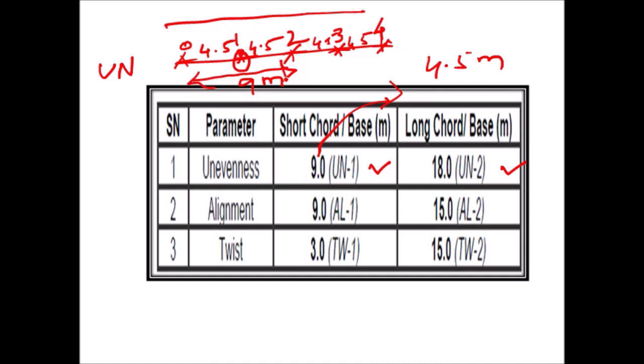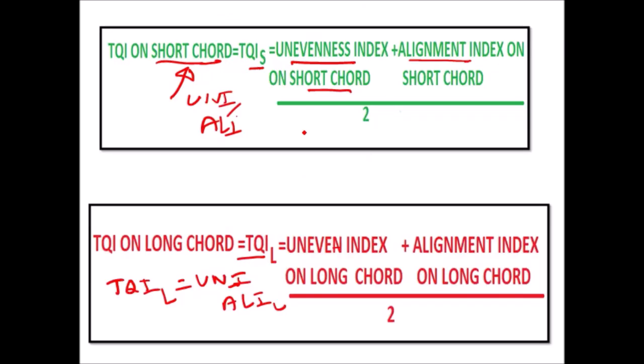To measure unevenness at 1, we have to fix a chord like this, from 0 to 2, and at the center we measure the unevenness. Similarly, to measure the unevenness at 2, we fix a chord whose length is 9 meters, and at the center we measure the unevenness.